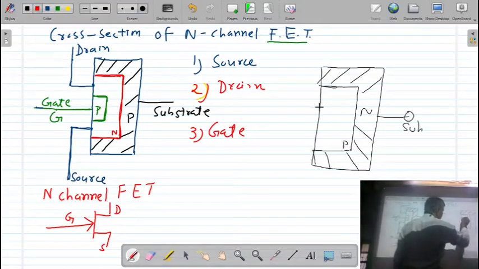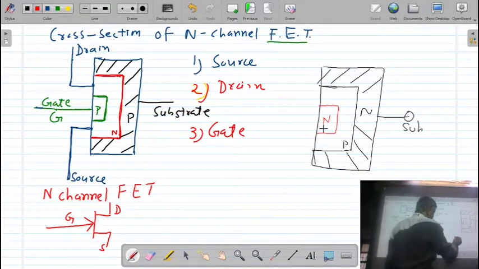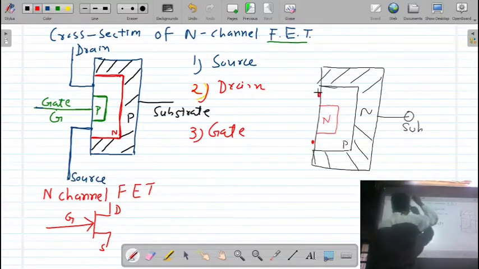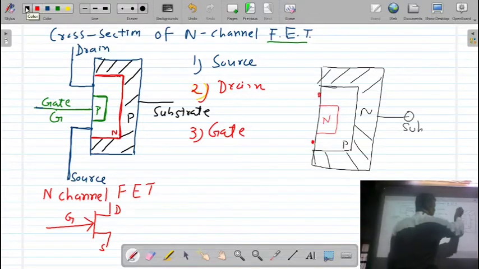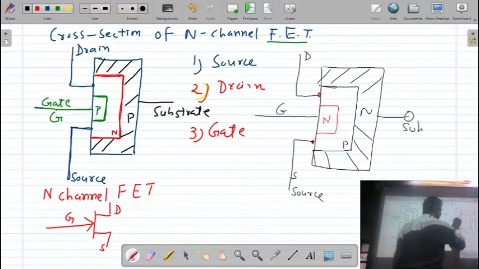In this P channel, heavily doped N-type material is diffused. At the ends of this P channel, two ohmic contacts are made. One end of the P channel is known as the drain, another end is known as the source, and this is called the gate.